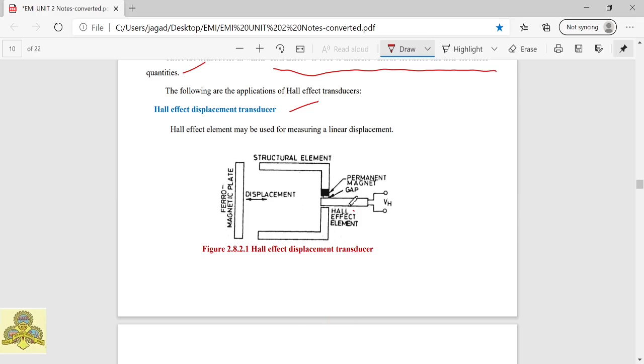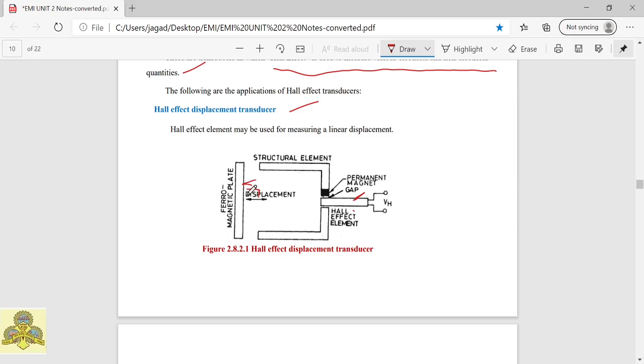So here the Hall effect element is placed here. This is the Hall effect element, and permanent magnets are placed here. This is the ferromagnetic plate. This plate will be moved in this direction as well as in this direction. Fine.